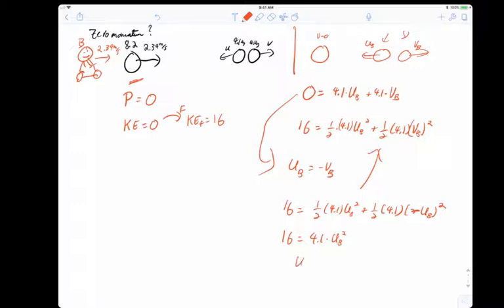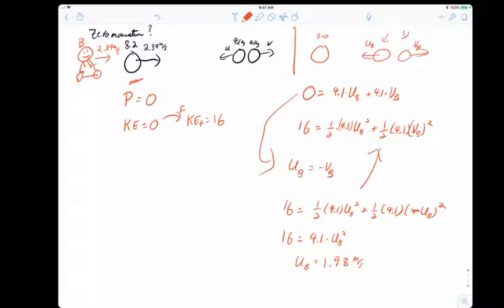So UB is equal to, no, do it right, 16 divided by 4.1. 1.98 meters per second.